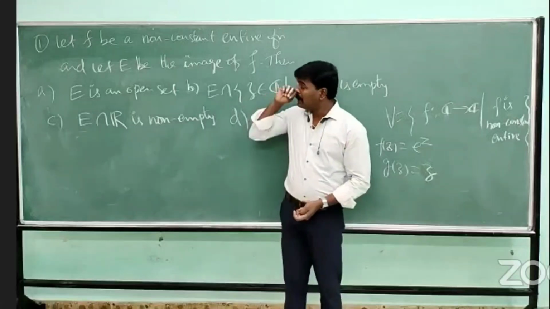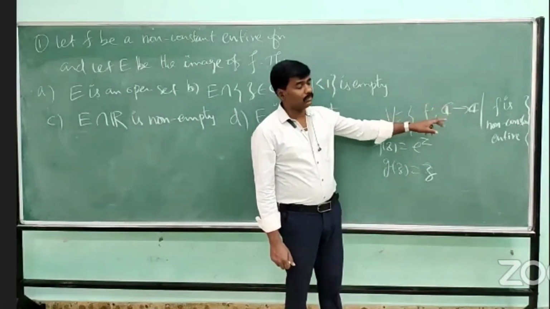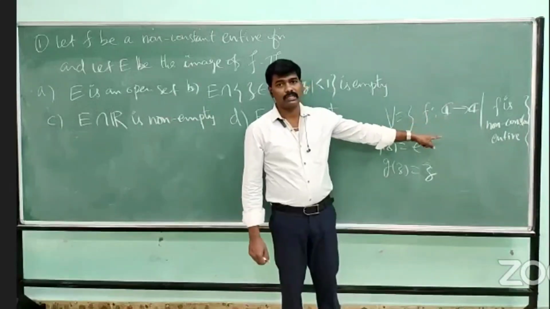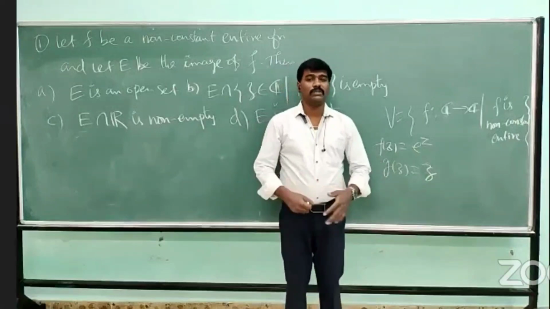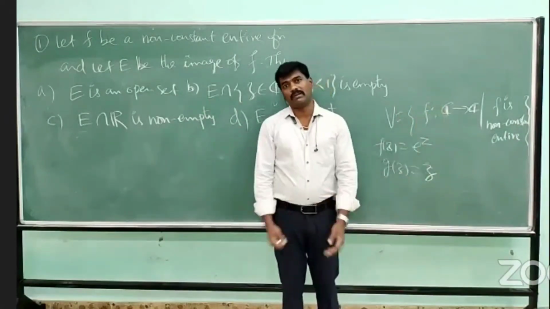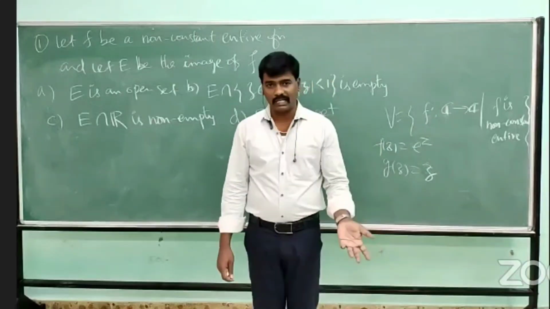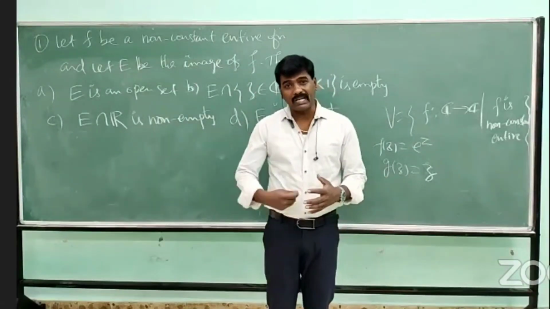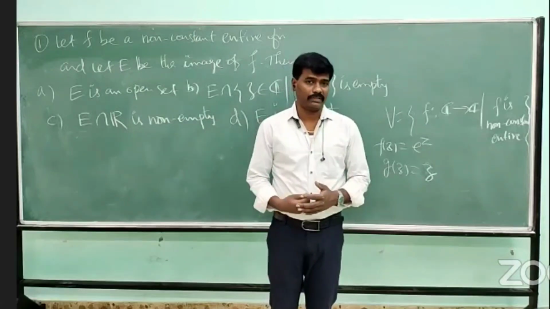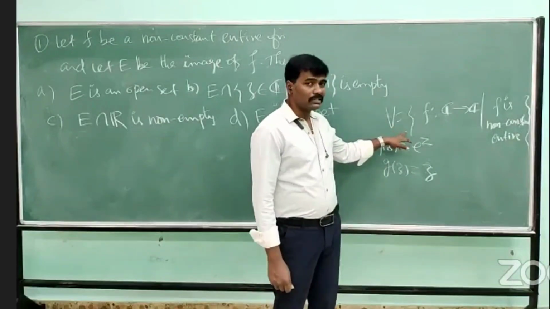Now the question: take any element in the set V. What is the property of the set V? V is a set of non-constant functions. From C to C we have a lot of complex valued functions, not necessarily entire, but we are collecting the non-constant entire functions.